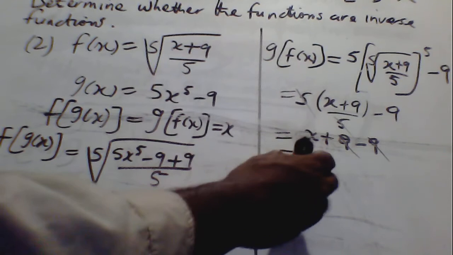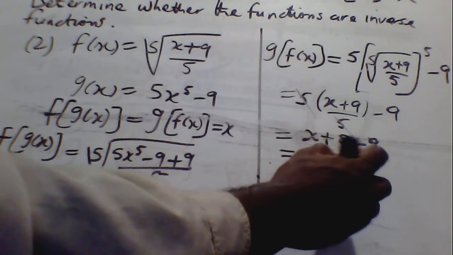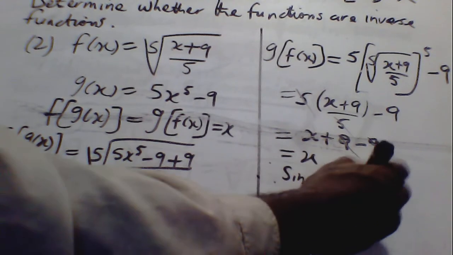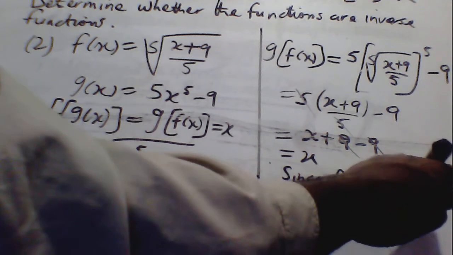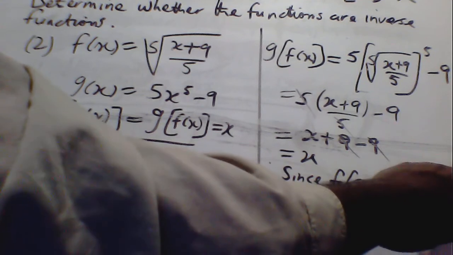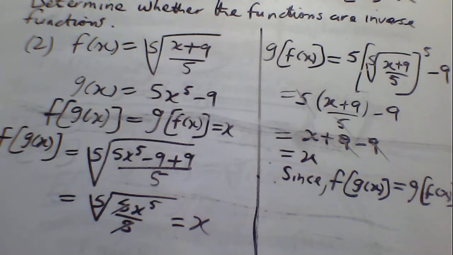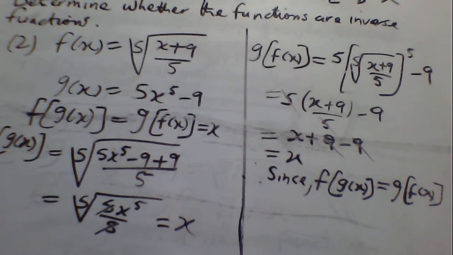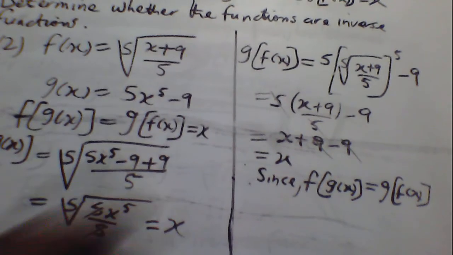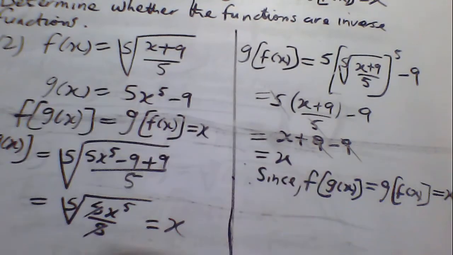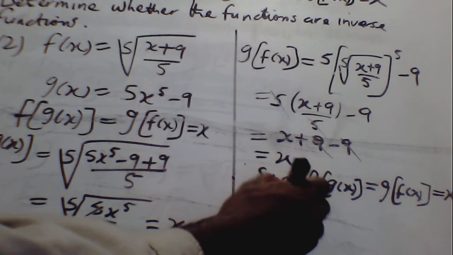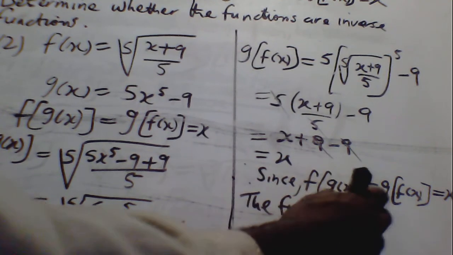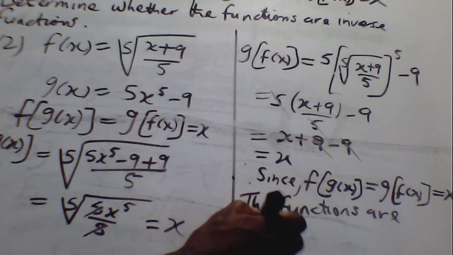Therefore, since f of g of x is equal to g of f of x, and the result is equal to x, we now conclude that the functions are inverses.